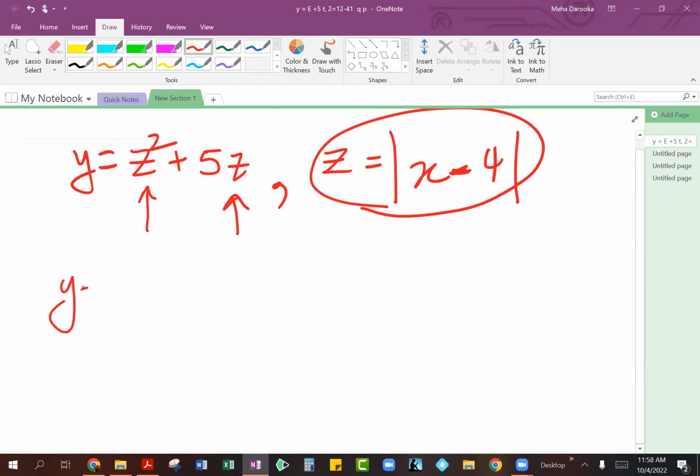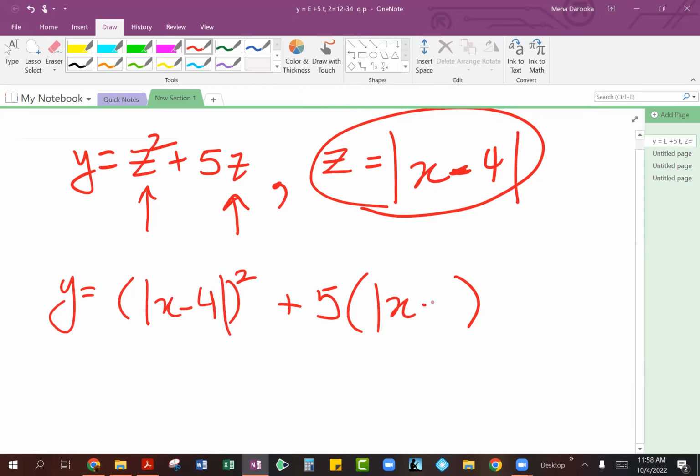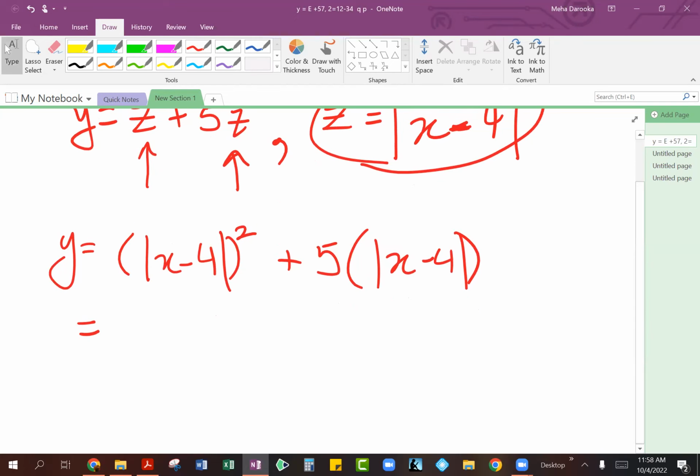So if you have Y equals Z squared plus 5 times Z, I'm just creating the template because we're supposed to square the Z value and then multiply 5 with Z. But now you are replacing your Z with the absolute value of X minus 4. And then you would just need to simplify this.